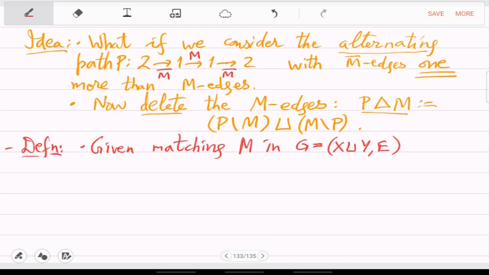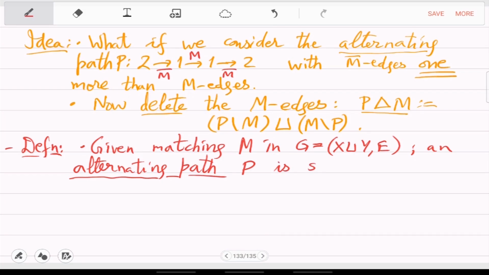An alternating path P is such that, so remember that it's a bipartite graph.